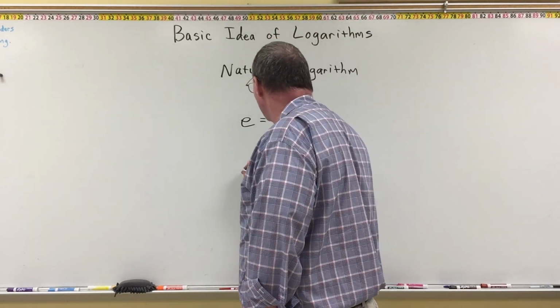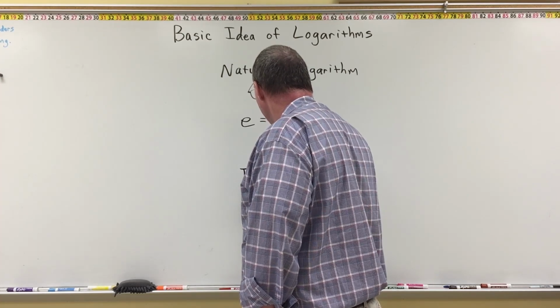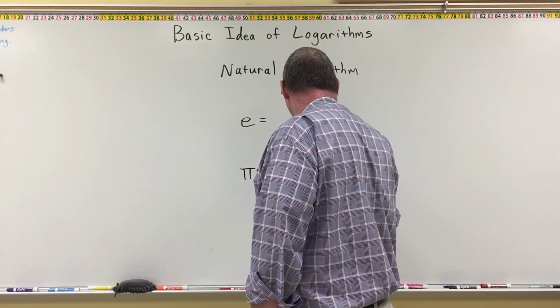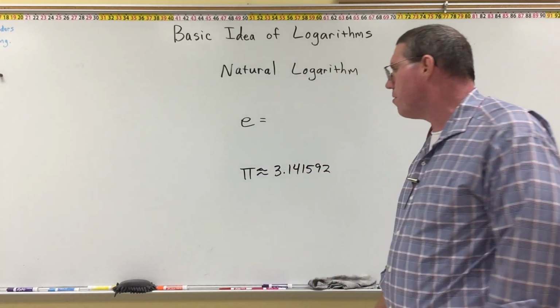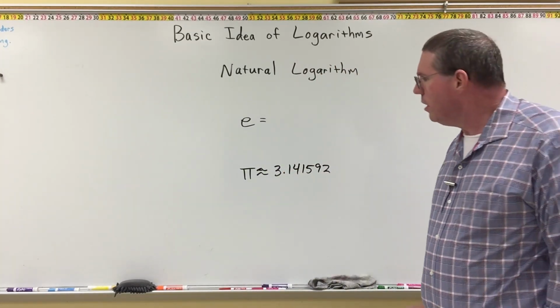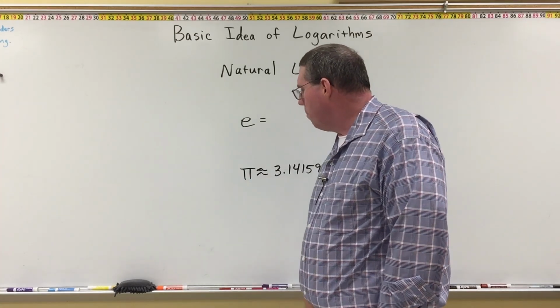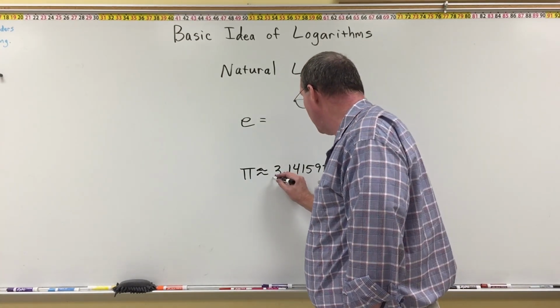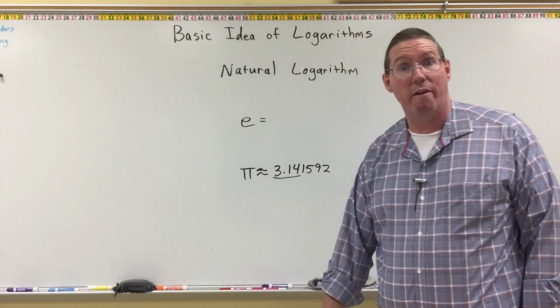Haven't you already learned a long time ago that pi is approximately equal to 3.141592, right? We know that this is an irrational number. We know that in math, when we put in the Greek letter pi, what we actually mean is approximately 3.14.